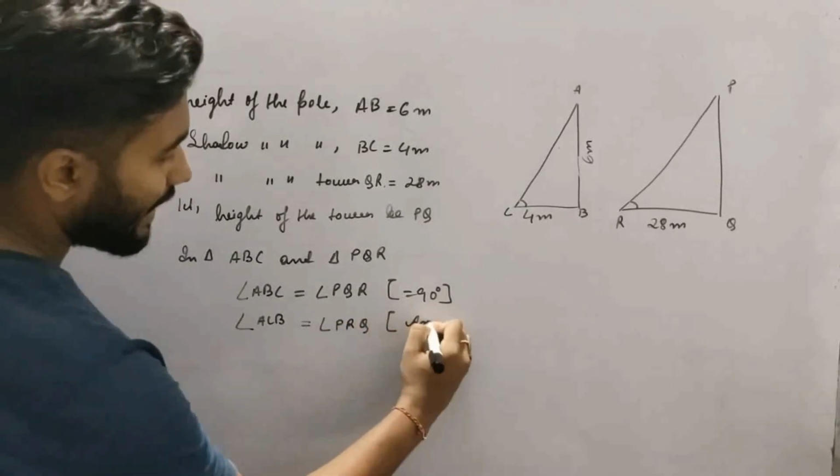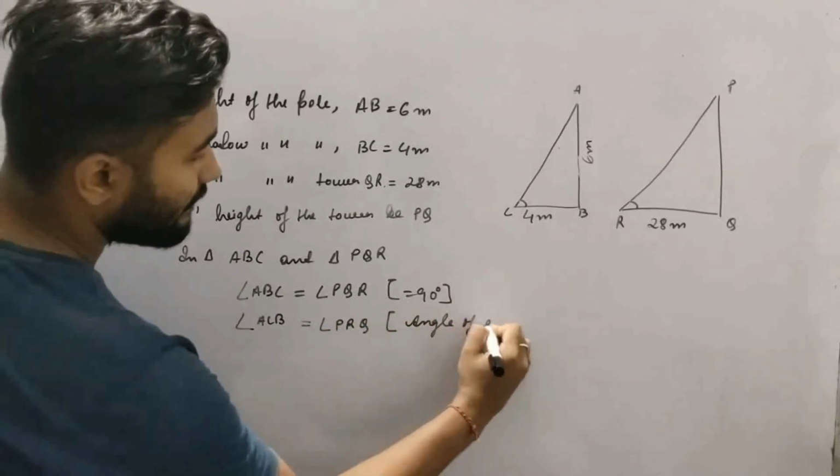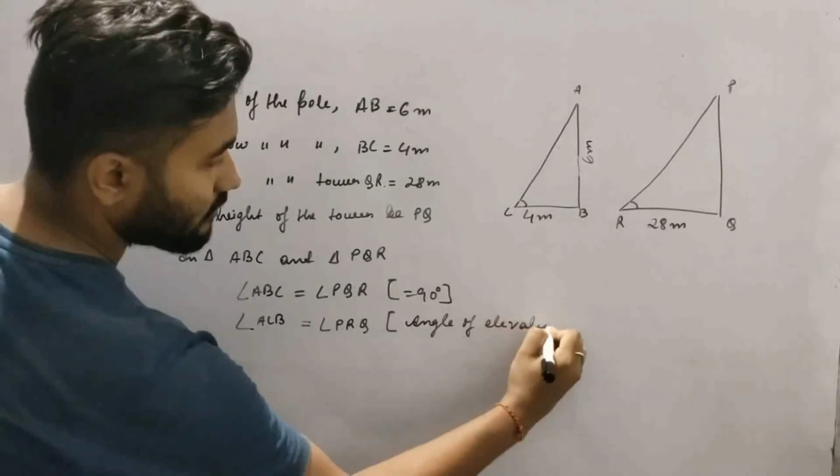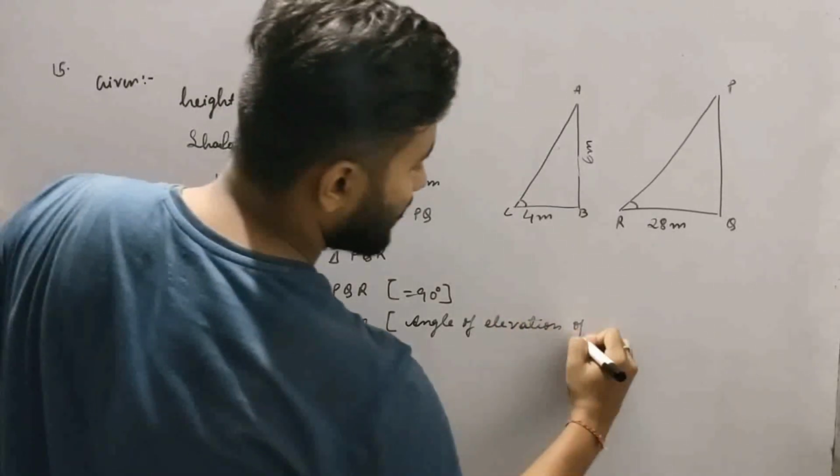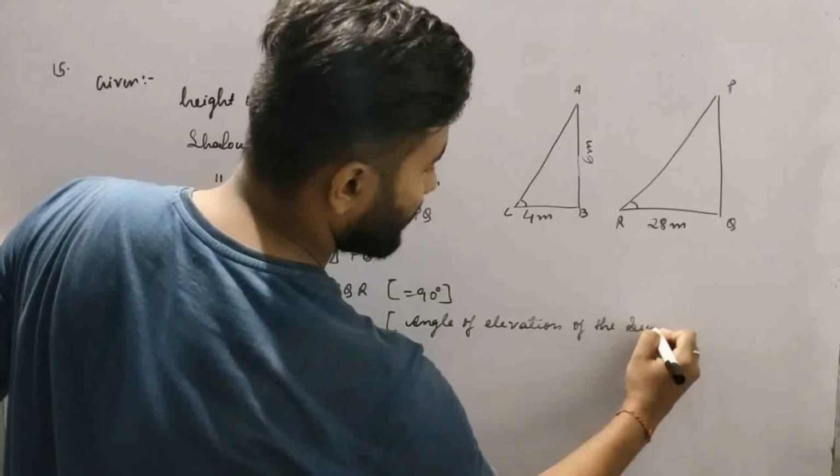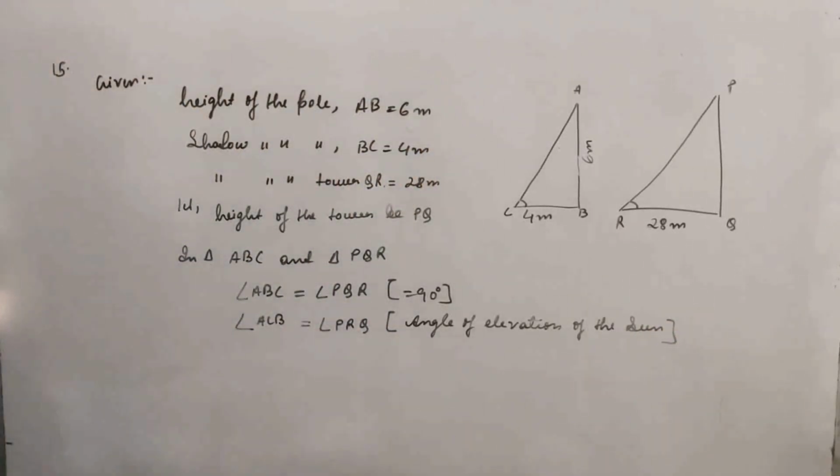You can mention now, angle of elevation of the sun. So right then, therefore two angles we have got.